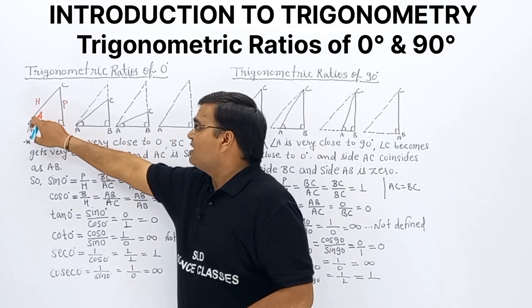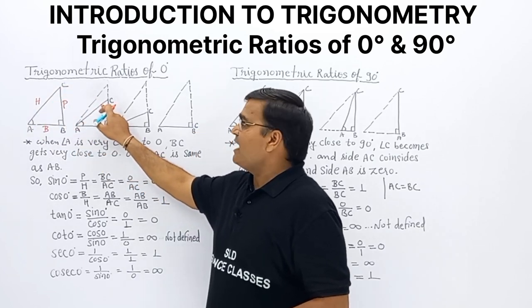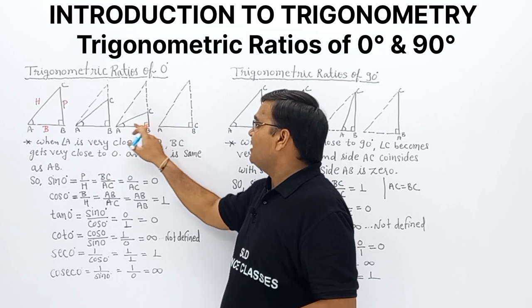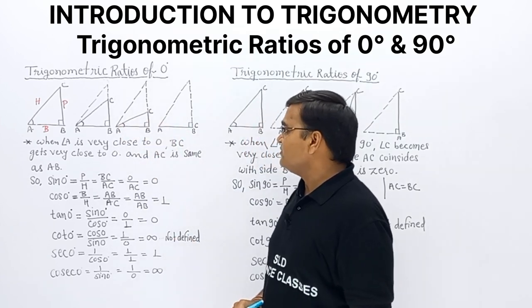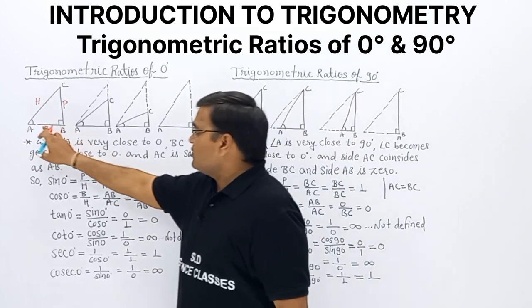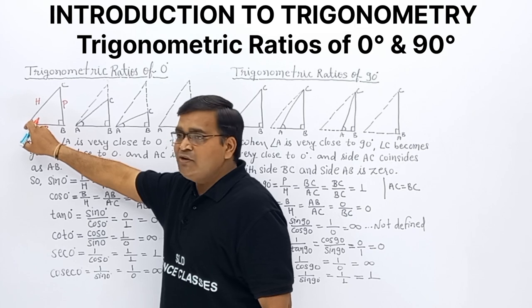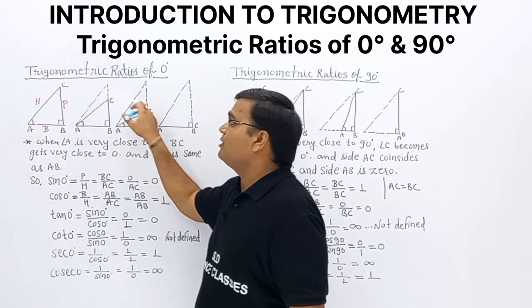It means this line AC is getting like this. When the angle is reduced to 0, this hypotenuse for this acute angle is going to be reduced.